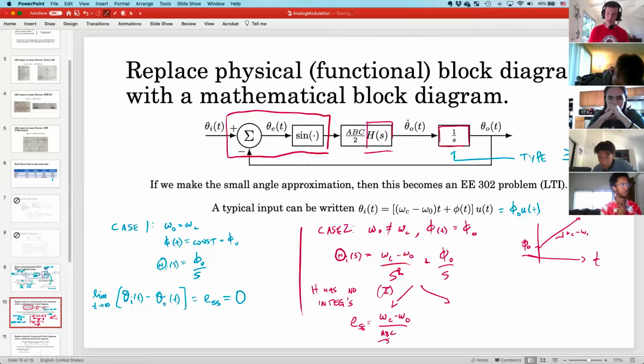Basically the DC gain of the loop filter. Otherwise, if we have, say, a type 2 system, and that would mean H has one integrator, then the error steady state is 0.